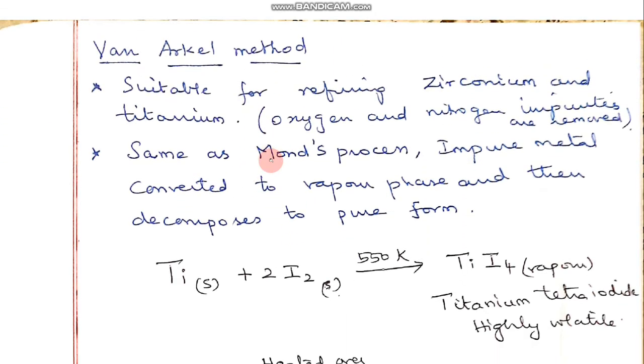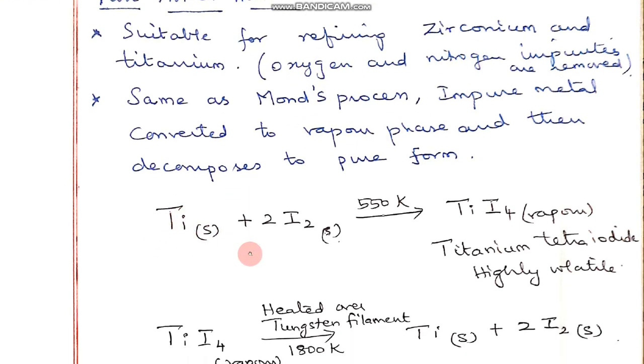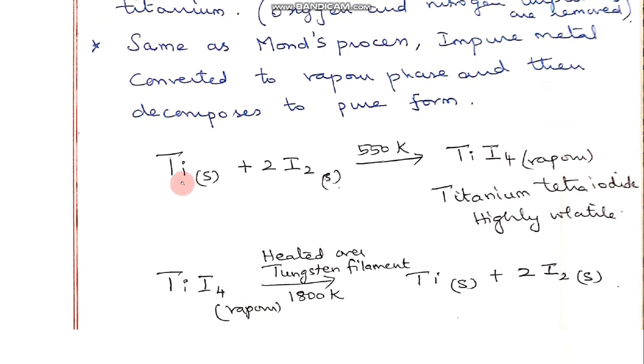What is the van Arkel method? It is mainly suitable for zirconium and titanium, and here you can remove impurities like oxygen and nitrogen. I'm giving the reactions with respect to titanium. Titanium reacts with iodine so that it will be converted to titanium tetraiodide, which is in the vapor form, and it is a highly volatile compound.